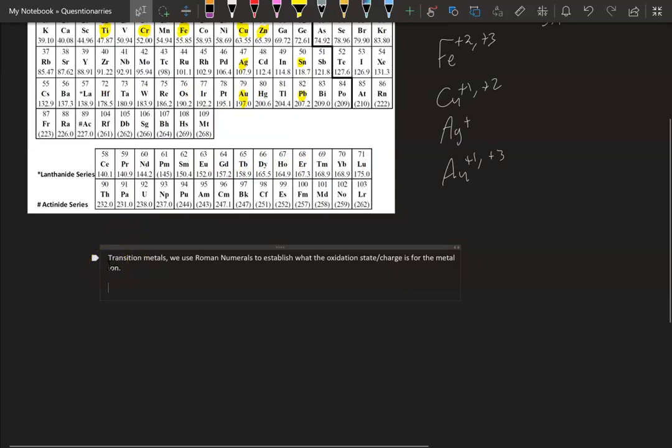Now, anytime you figure out the oxidation state, we must back calculate to determine it. We're going to back calculate it using an element that is known.